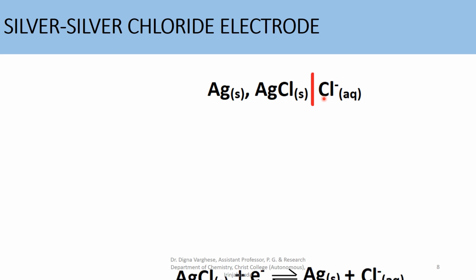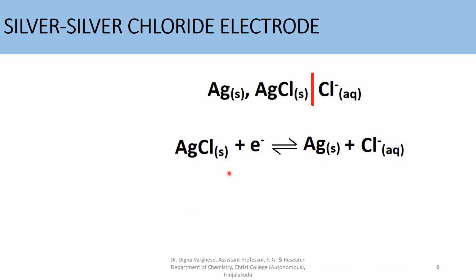The reaction is silver chloride plus electron giving silver solid and aqueous chloride. The electrode potential value of this secondary reference electrode is 0.2224 volt. So we can couple with any other electrode whose potential has to be determined.